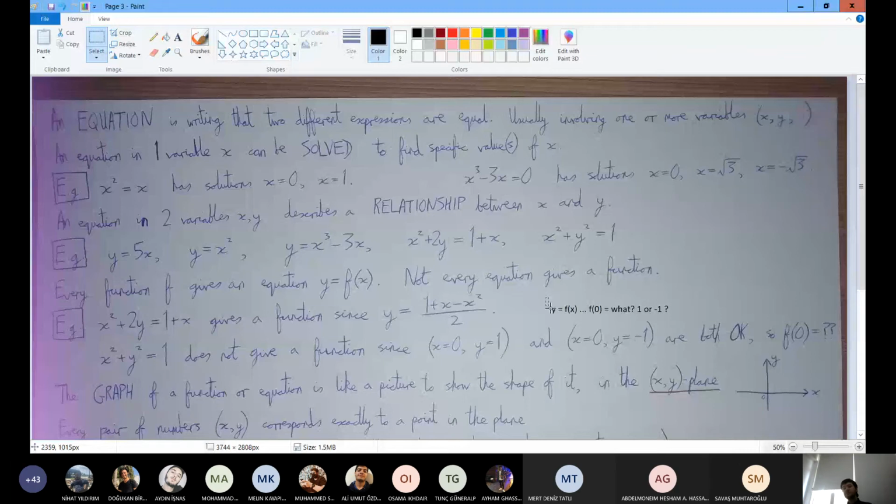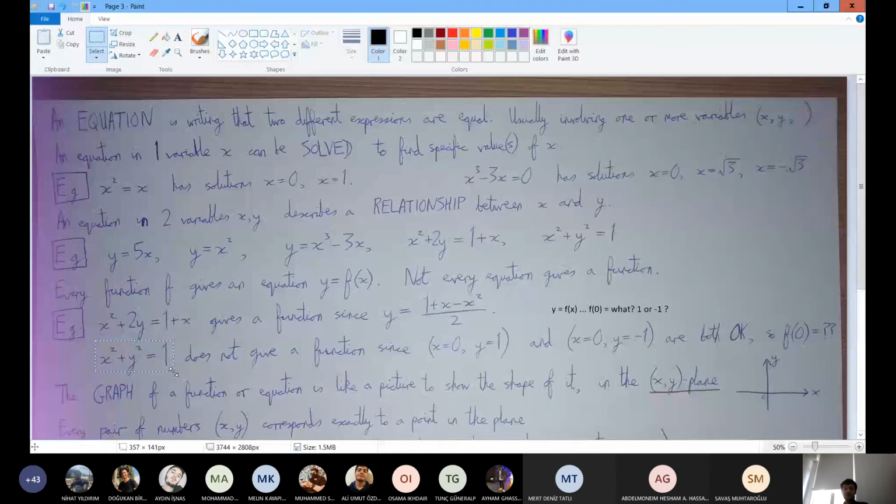But a function is a rule. So a function inputs one number and it tells you exactly what new number must be output. And if y equals f of x is equivalent to x squared plus y squared equals 1, then that means any pair of numbers satisfying this equation, this relationship, must be given by this equivalent equation.